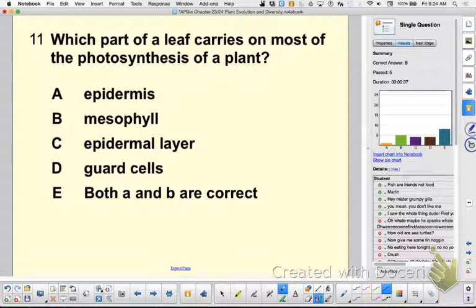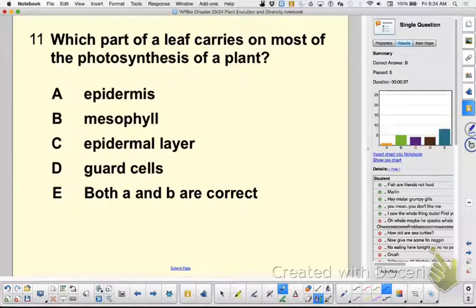Okay. How would you differentiate between A and C? Are they not the same thing? Yeah, epidermal, epidermis, that would be on top. So I don't know how you would pick. I'm just giving you strategies for when you're taking your AP exam, there would be no difference there.